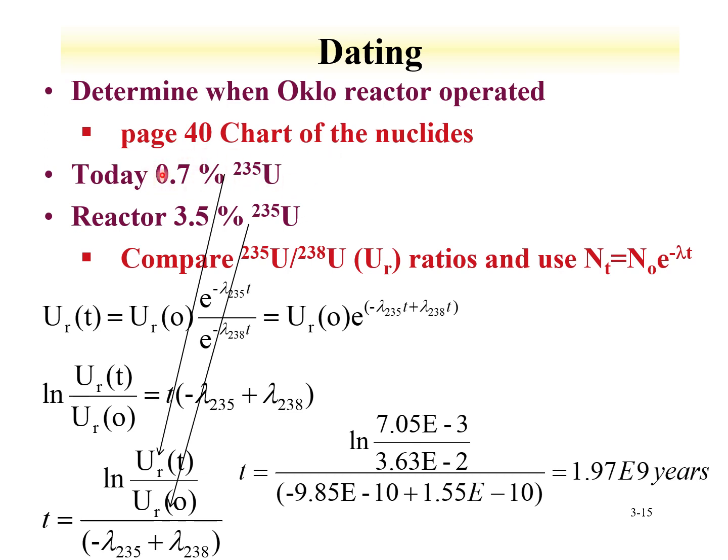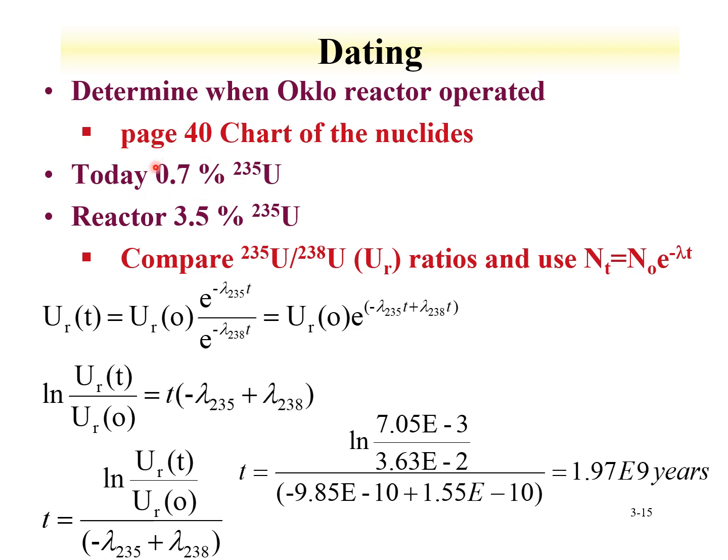So fundamentally, there's a clock set up: we know the uranium-235 to 238 isotopic ratio today, and we want the amount of uranium-235 to be 3.5% at time 0. So let's compare the 235 to 238, call it the uranium ratio, and use our regular decay equation.